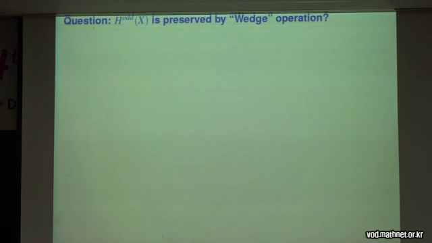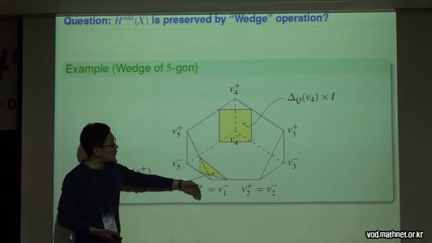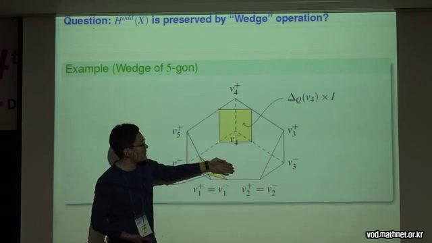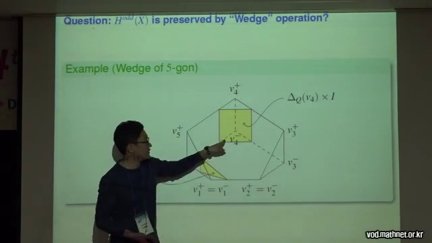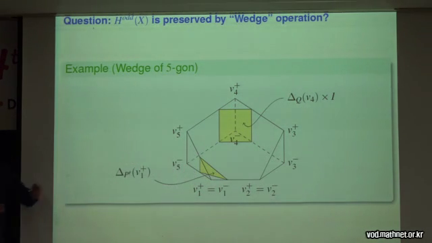All right, so this is my question, and this is an example of wedge operation of a 5-gon. The way we analyze this space is just a cut of a vertex of the original polytope, and then finally it becomes this kind of simplex times the interval I because of the wedge operation, where you take a product with the half ray and then take a cut by a hyperplane.